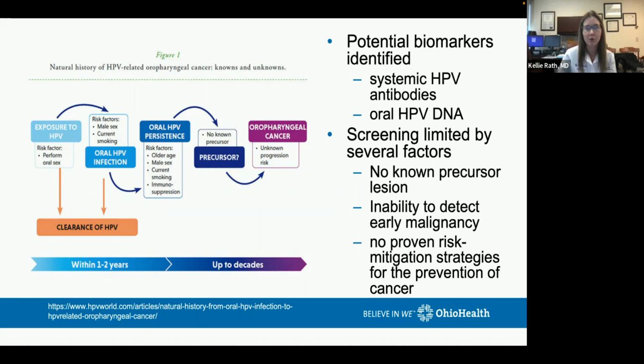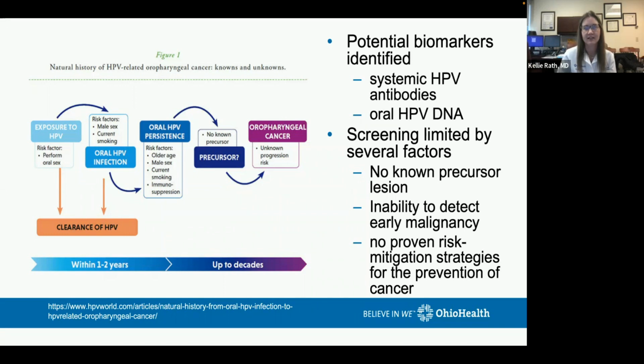We know that most people will clear this infection. We know that persistent HPV infection develops over years. Patients who are older, male sex, smoking, and immunosuppression may increase this persistence. We haven't detected a known precursor lesion. And we know that it occurs over decades, but we don't know what the progression risk truly is to oropharyngeal cancer.